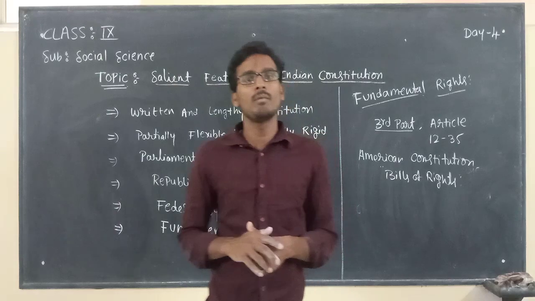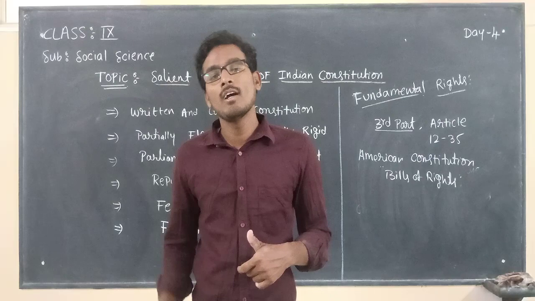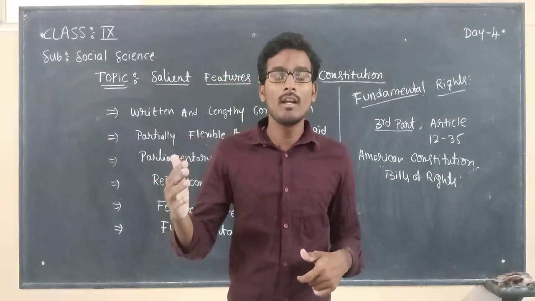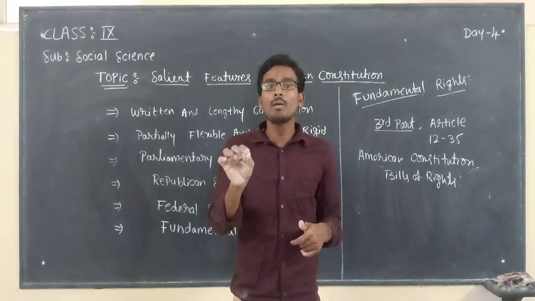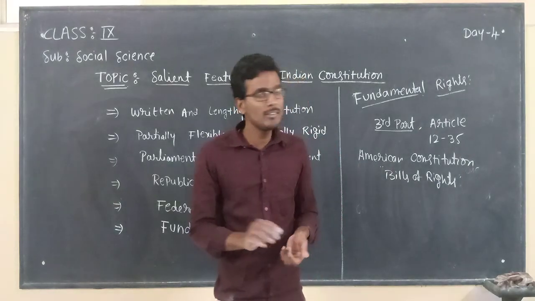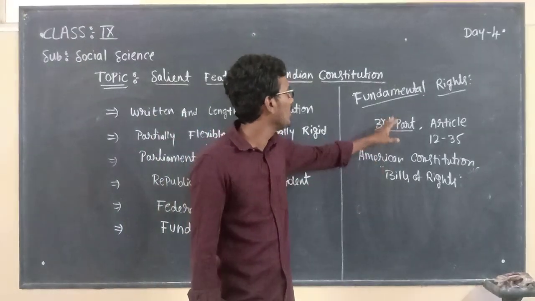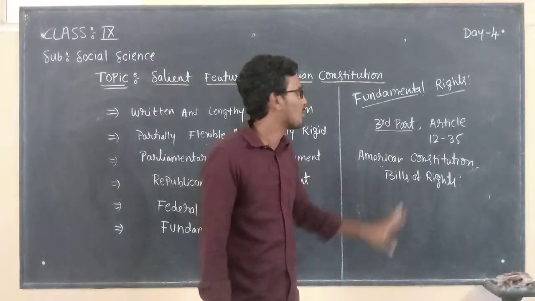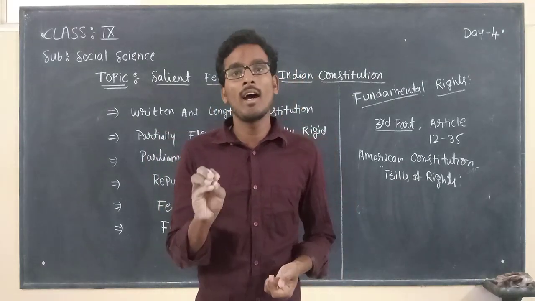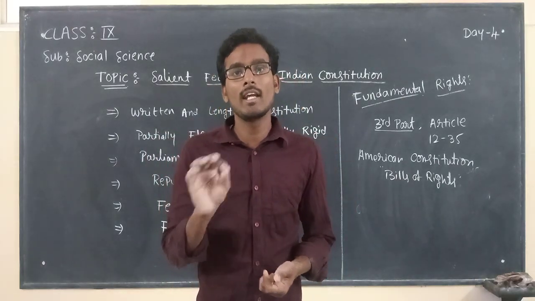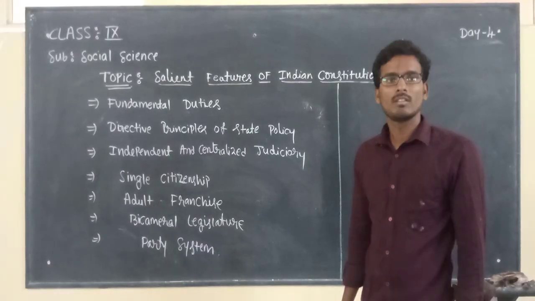At any point of time, if anything happens to our fundamental rights, then we can make an appeal in the Supreme Court in order to protect them. So it is all about fundamental rights. This concept we adopted from the American Constitution. Actually, at present there are 6 fundamental rights given by the Constitution to the citizens of our country.